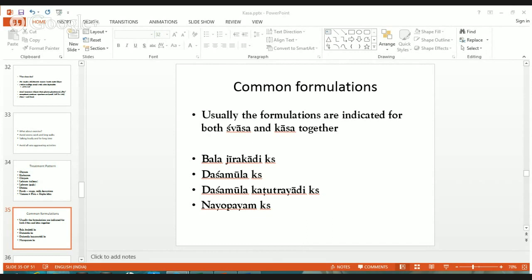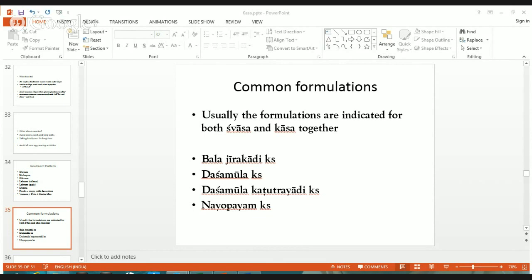So these different Vegas which are in the downward direction, especially Vata Anuloma Gati, when they are obstructed, for example, when somebody is constipated, or has a tendency to withhold urine when somebody is busy with some work or something else, then people have a tendency to withhold it. So this Vega Dharana becomes a very important cause for the manifestation of Kasa.